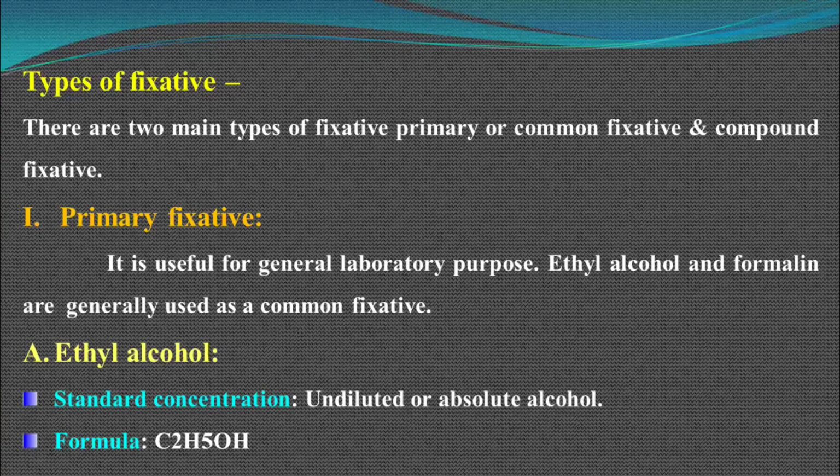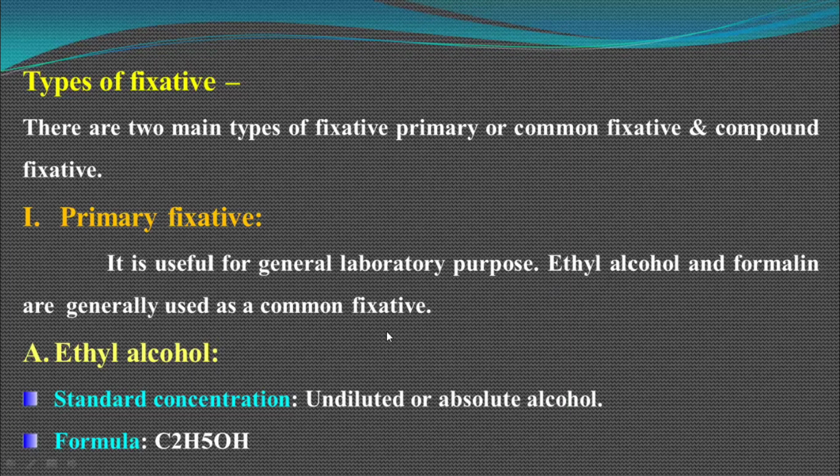So here, these are the two types of fixative, that is primary or common fixative, and second one compound fixative. Primary fixative is useful for general laboratory purpose. The examples of primary fixative are ethyl alcohol and formalin.